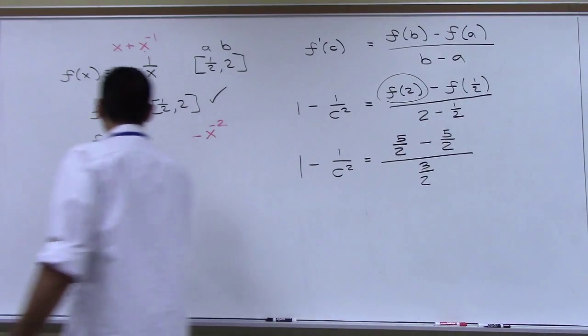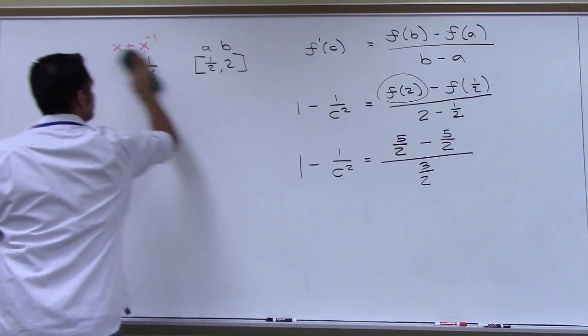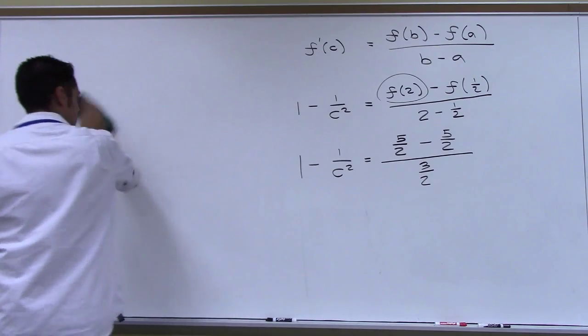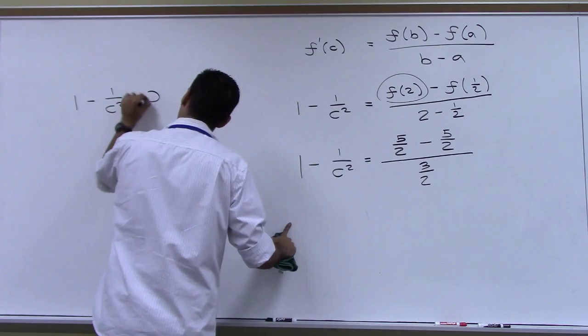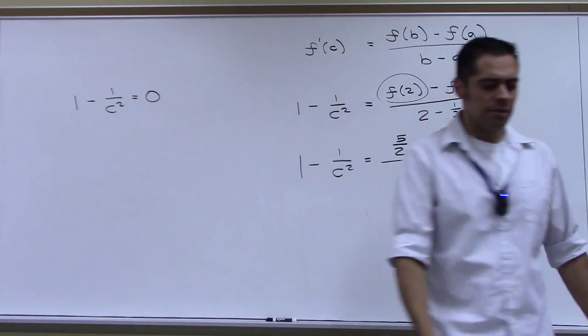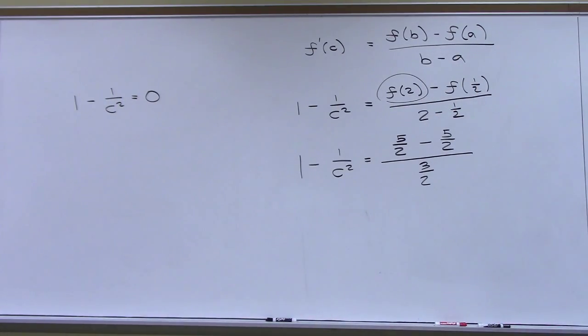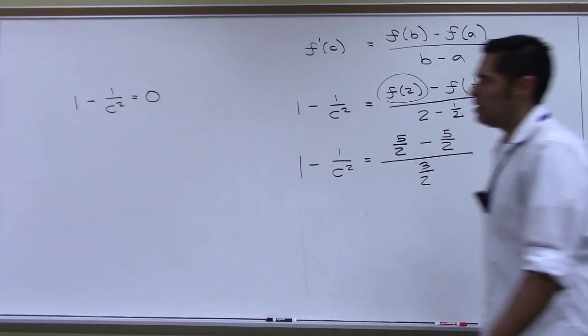So what I have now is 1 minus 1 over c squared equals 0. And I need to solve that equation for c. Tell me if this is okay.